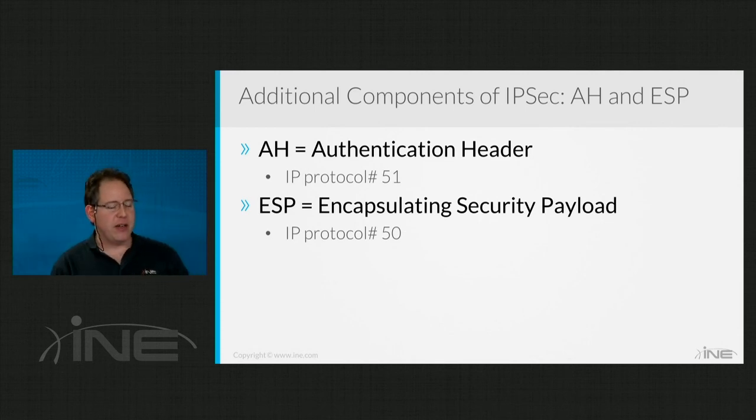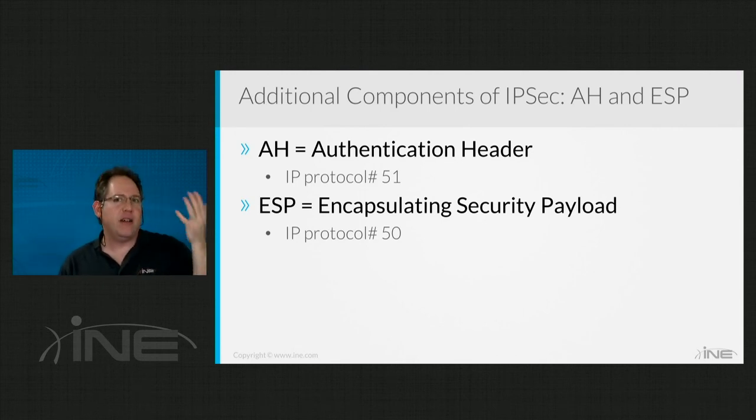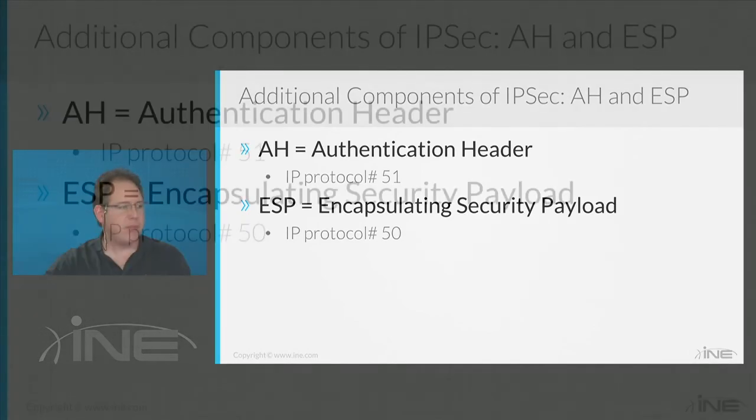Now, in this particular case, if I hand you an IP packet that's got IP protocol 51 in it, now you can probably say, aha, that must mean there's another header after the IP header, but it's not TCP, it's not UDP, it's something called the authentication header. Or if that IP header contains IP protocol number 50, there's another header, but this is a different header used by a different protocol called the encapsulating security payload.